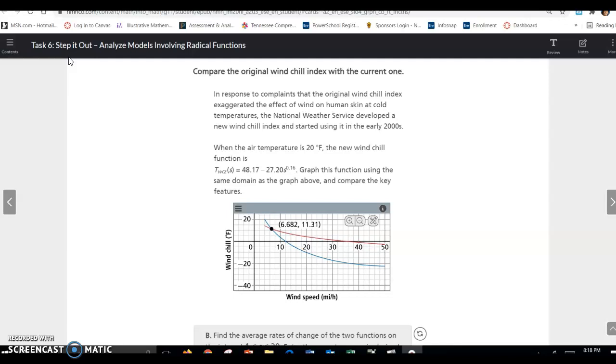When the air temperature is 20, the new wind chill function is this. Graph the function using the same domain as the graph above and compare the key features. The blue line is the original function, and the red line is the new function. Graph this one right here.